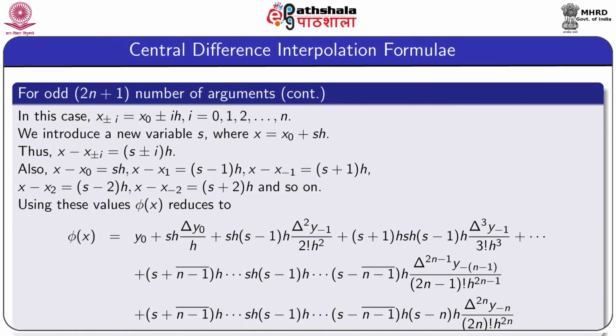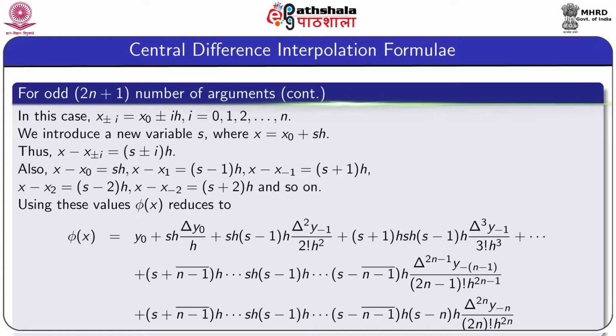Now, this formula can be simplified by using a suitable variable s. Again, this set of arguments are equispaced, therefore, we can write x plus minus i equal to x 0 plus minus i h, where i equals 0 to n, and the new variable s is defined by x equal to x 0 plus s h.